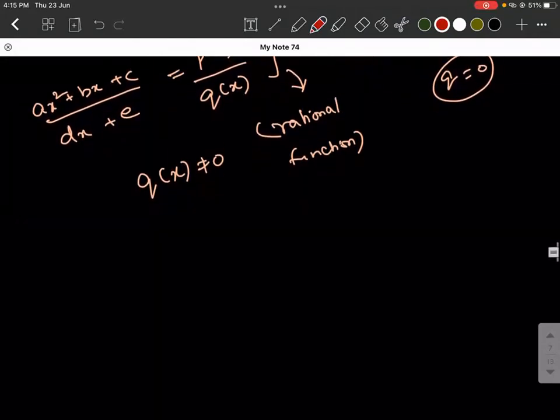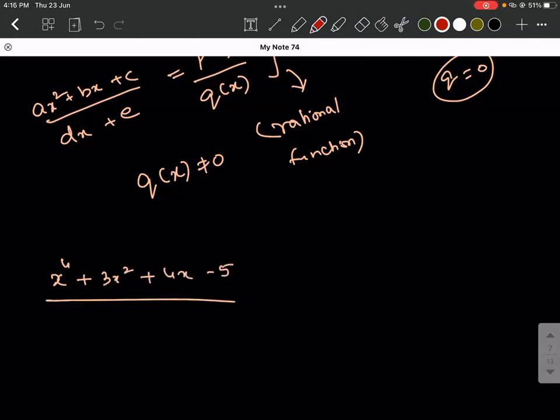Right. So in the same question, what they have given you, they have given you in terms of words. Now, what I can say is x power 4 plus 3x square plus 4x minus 5 divided by x square minus x plus 1, correct?